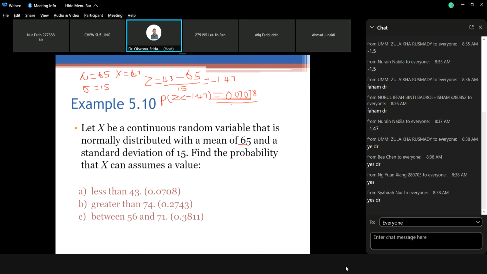Okay. Now the second one here is greater than 74. So your Z will now be 74 minus 65 all over what? 15.